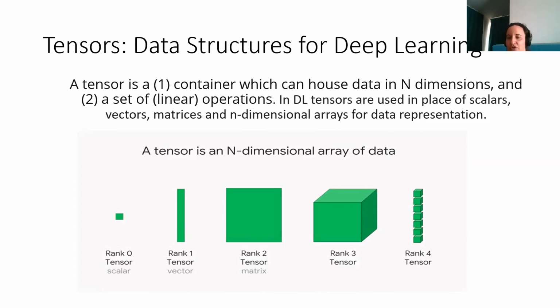Okay, so a tensor knows both the data as well as the operations that happen on that structure. For example, a tensor can find the transpose of itself, or a tensor can compute the gradient of the function where this tensor exists at any given point.